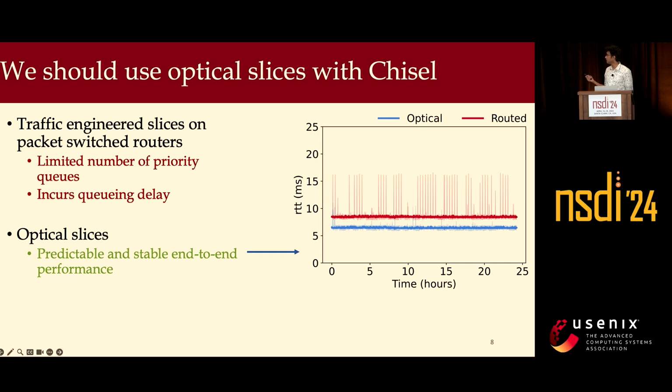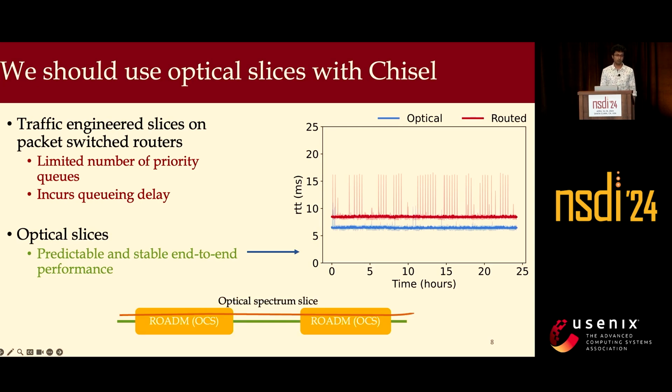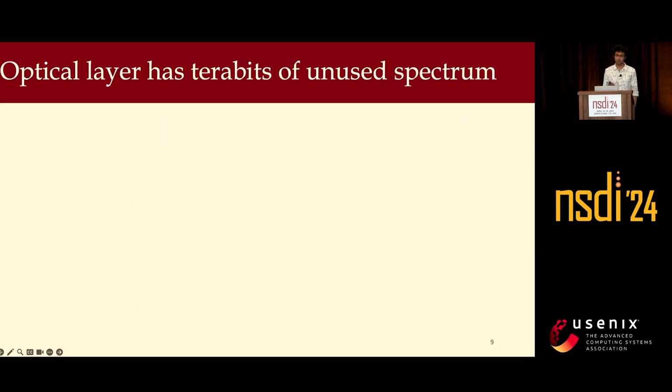We see that the RTT of the optical path is not only lower, but it has less variation and way less jitter. As a result, the optical path is more stable and gives you better, more predictable end-to-end performance. So in the rest of this work, we decided to use optical slices by programming optical circuit switches on the infrastructure, and now I'll talk about how we did it.